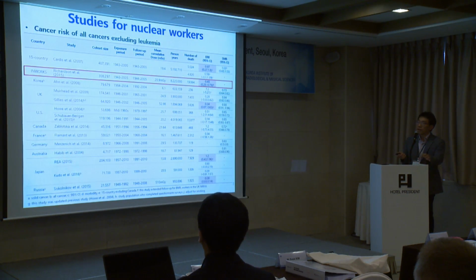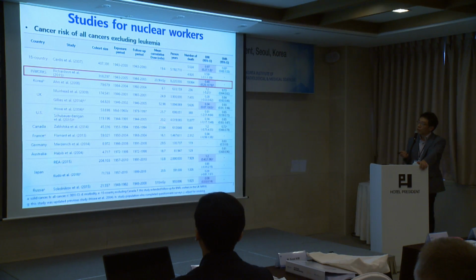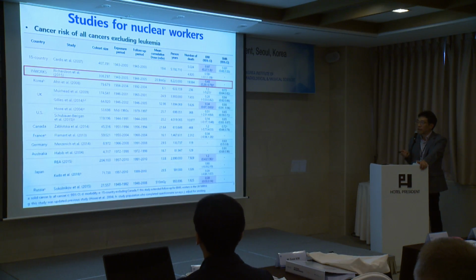So now let's look at the actual data for several radiation worker studies. This is the summary table for nationwide studies. I colored some values green, but somehow it is not clear, so I colored some values for easier understanding. The colors mean statistical significance: red is a kind of negative effect, and green is a kind of positive effect.